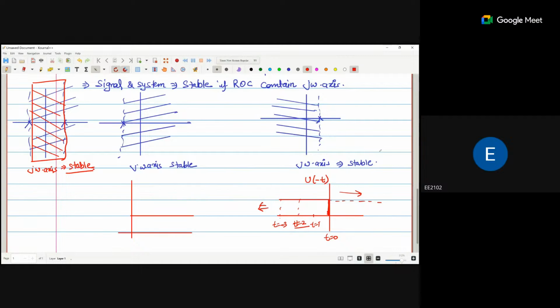If we switch on, the light will glow and the fan will work. So always after applying the signal, my circuit will be working. At t equal to 0, I apply the signal and after that it starts working. That case is not acceptable for electronics.